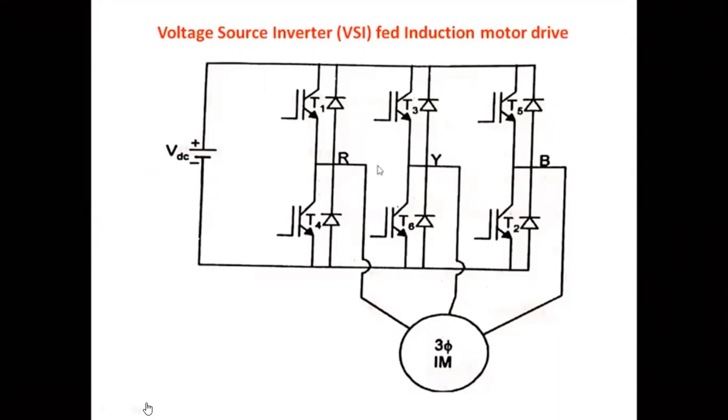Depending upon the way of pulse generation to the devices, this inverter will operate as a pulse width modulated inverter or a stepped wave inverter. Then what is the difference between these two inverters? You must remember this, carefully listen.